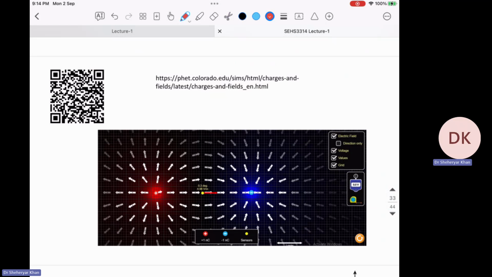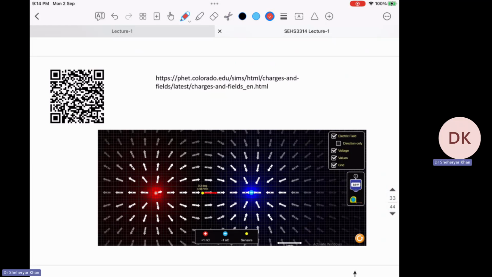Now this is even better. Now scan this and then you would see the amount of electric field, the vector. You can see the voltage. This is even better. Please scan this code and you will experience the electric field.